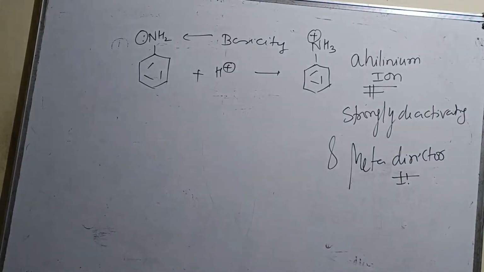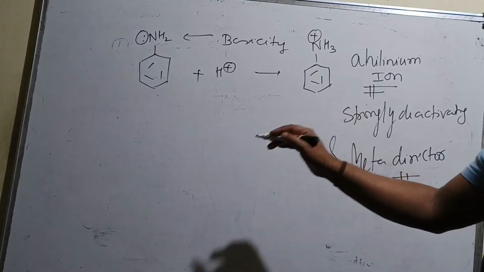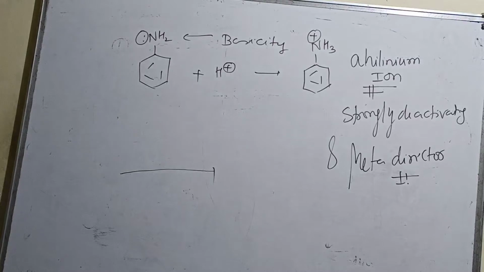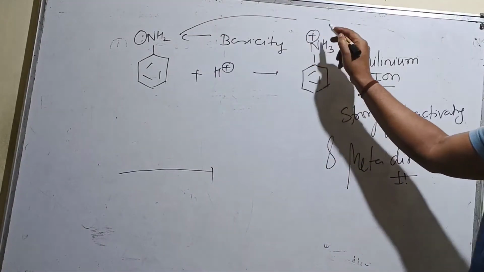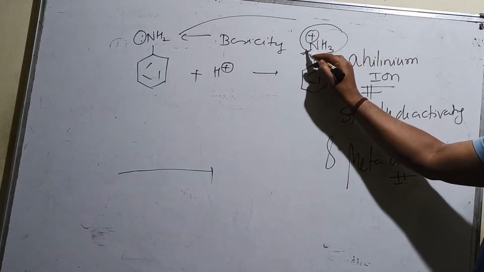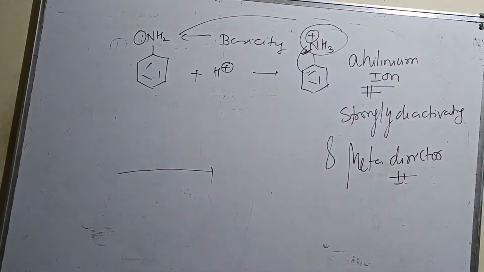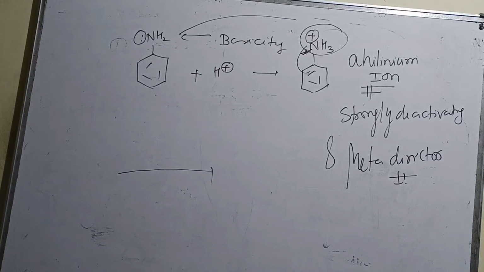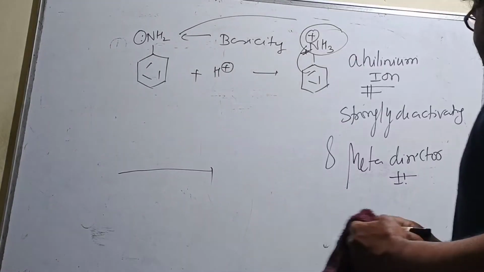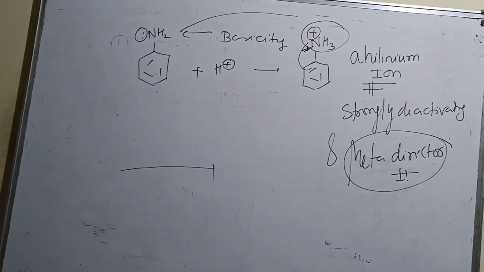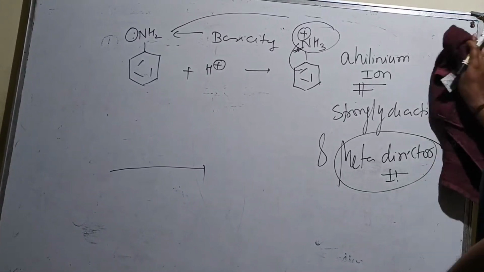A question can be asked: why has the meta nitro product formed? The answer is that due to this acid-base reaction the anilinium ion has formed, and you can see this plus sign is in resonance with the benzene ring, so it will pull electrons away from the benzene ring, making it deactivated, and deactivating groups are meta directors. Hopefully we explained this particular portion.